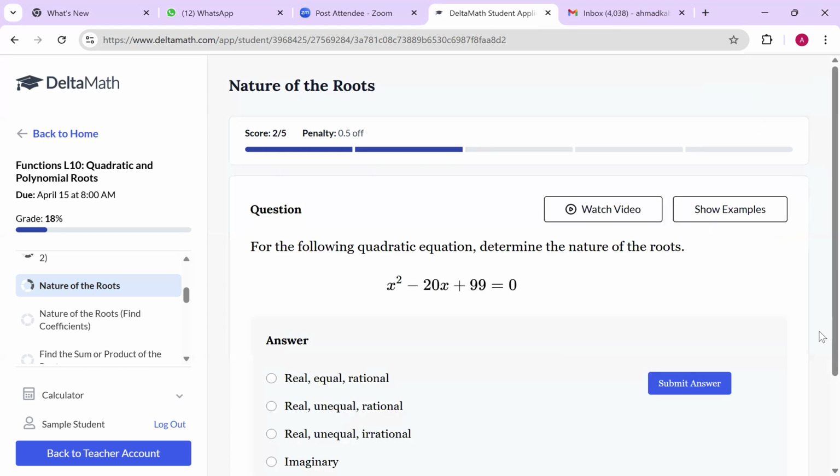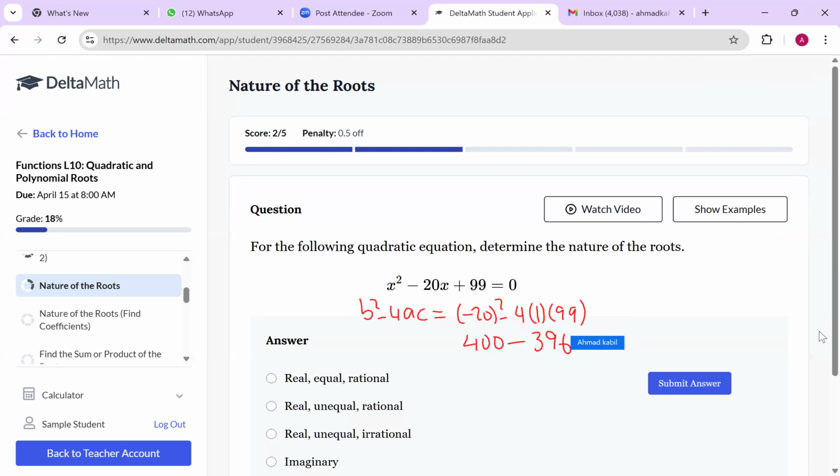So here, b squared minus 4ac equals negative 20 squared minus 4 times 1 times 99. So this is 400 minus 396.